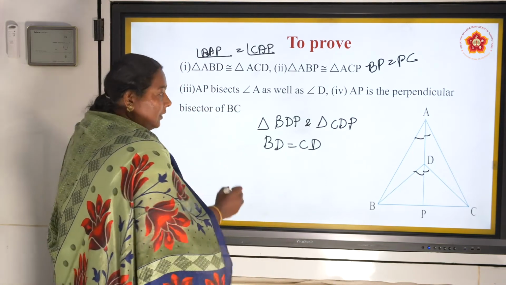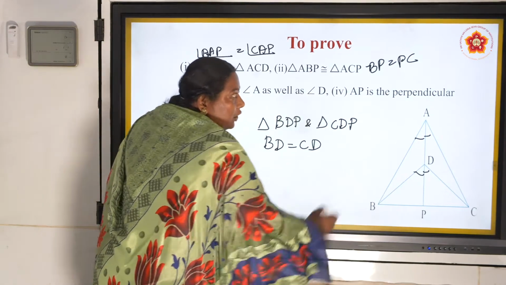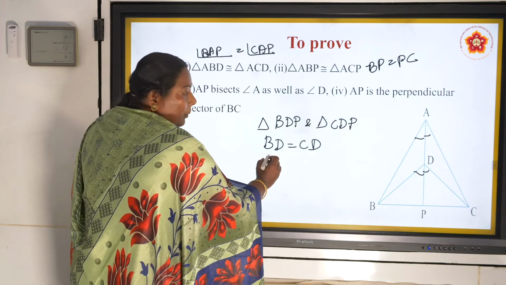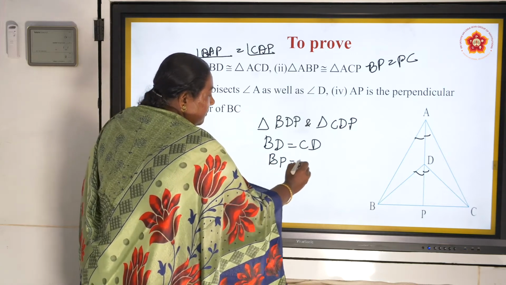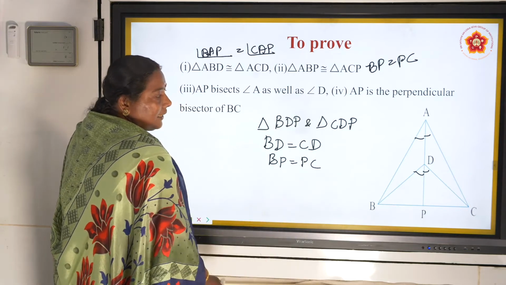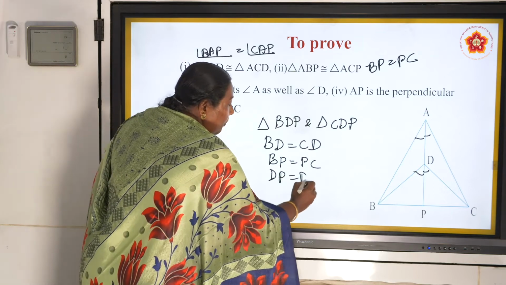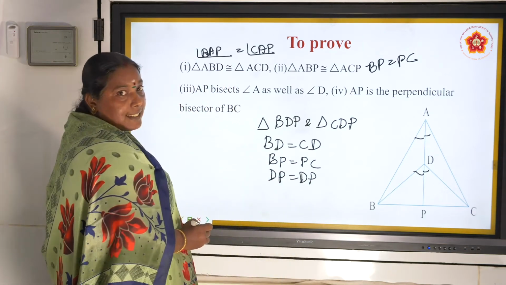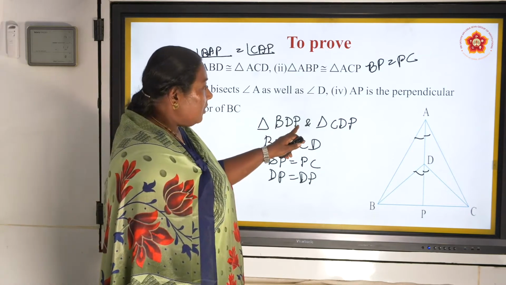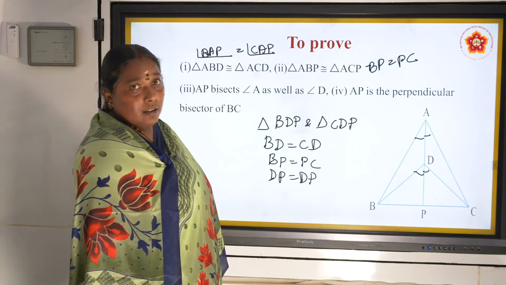Then in the previous proof we have BP is equal to PC, right? BP is equal to PC. So the common side standing there, who is that? DP. DP is common. So by side congruency, I can tell that triangle BDP and triangle CDP are congruent, right?